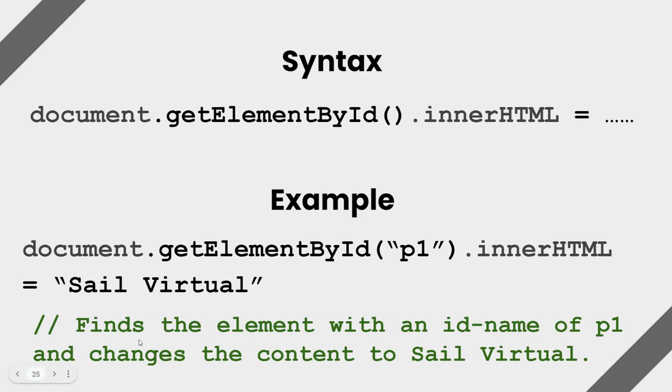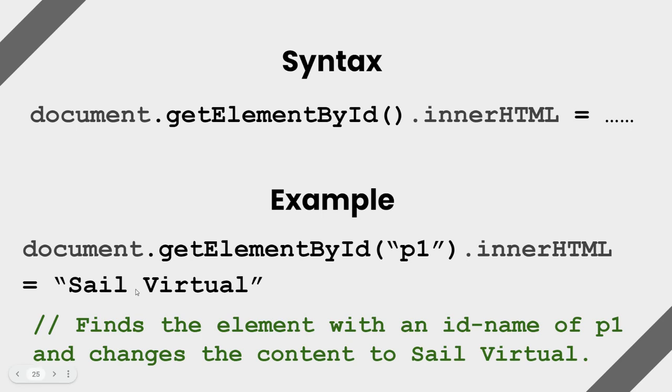You begin with the document, the method, and also the property itself, which we are still on now, the innerHTML property. Now within this bracket here, since we are making use of the getElementById method, we're actually going to have the ID name inside the normal brackets, and we've assigned this a value of sale virtual.